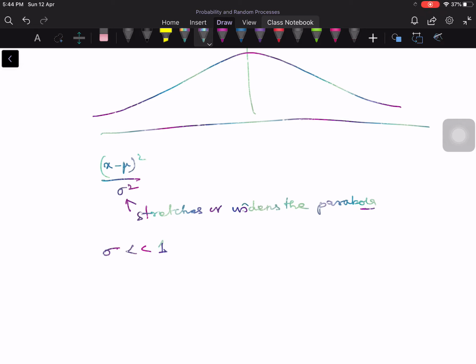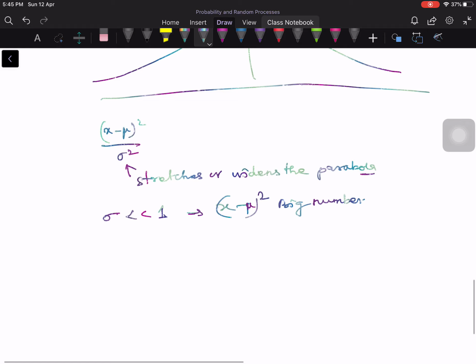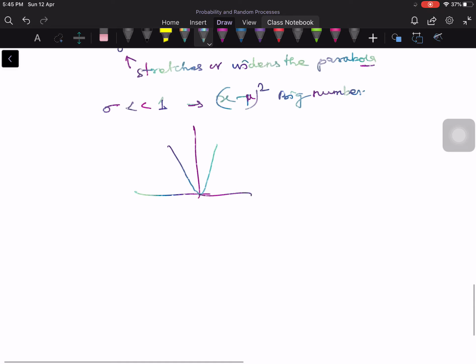This implies x minus mu the whole square is a big number, so my parabola goes up quickly, which means my normal falls off very fast. If you take the negative exponential of this, my density function starts from 1 and goes down very quickly.